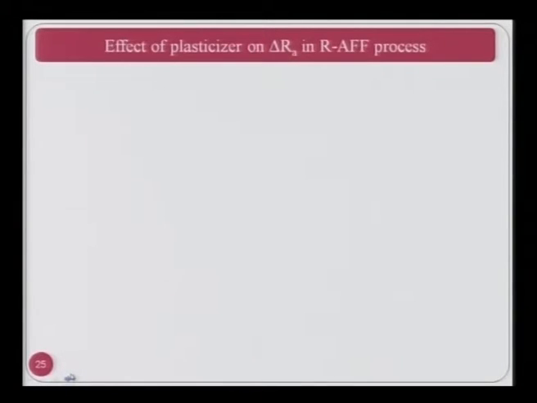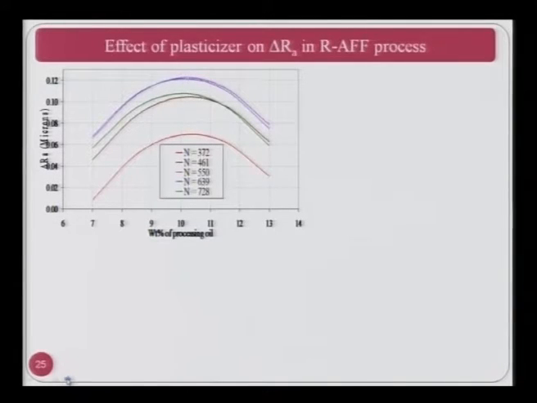Now, let us discuss the effect of plasticizer on change in surface roughness value, that is delta RA, in rotary abrasive flow finishing process. As you will see here on the abscissa weight percent of processing oil, that is plasticizer, is given, and on the ordinate you have the change in RA value in terms of micron, and again you will find that at a certain optimum value you are having the maximum change in delta RA.